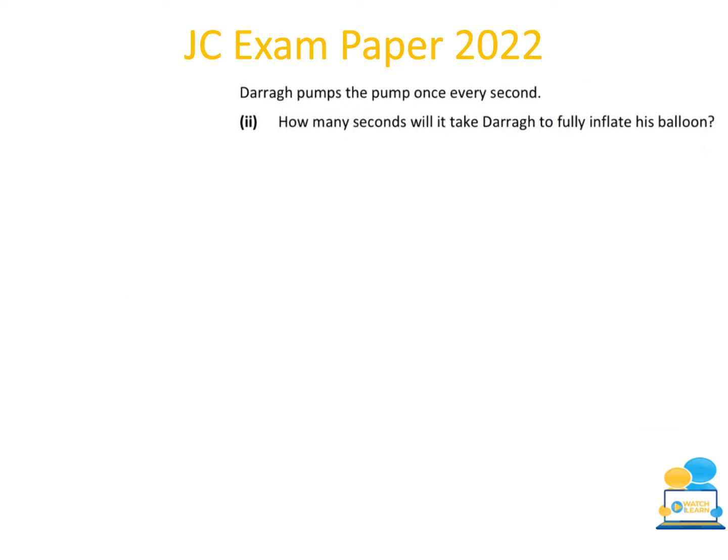The second part of B tells us that Dara pumps the pump once every second. How many seconds will it take Dara to fully inflate his balloon? So from the previous part of the question, we know that Dara's balloon will get to a volume of 4,500 pi centimetres cubed.